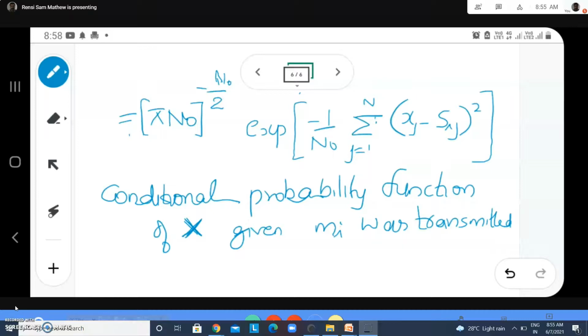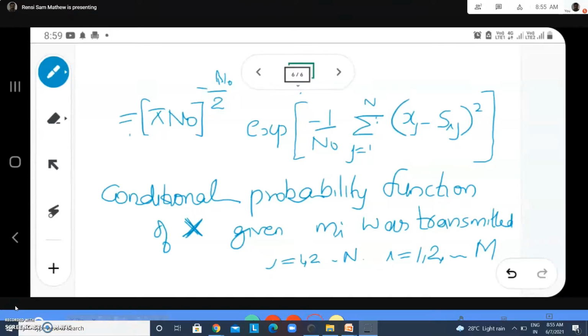Even if we send mi, we might be receiving different types of signal because our signal gets added with the noise. So this is the entire probability density function. And here remember j varies from 1, 2, etc. up to n, and i varies from 1, 2, etc. up to n. This is our conditional probability density function.